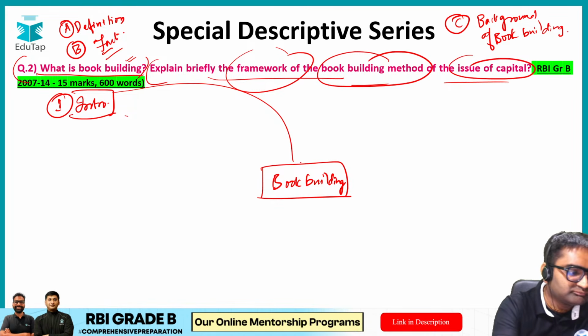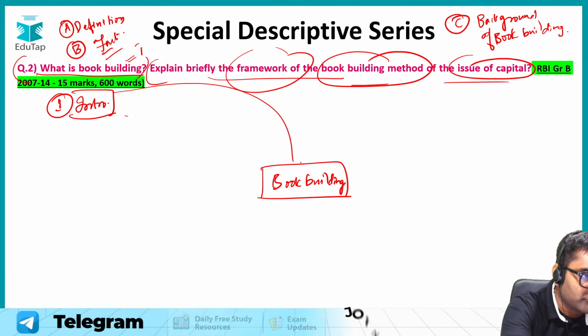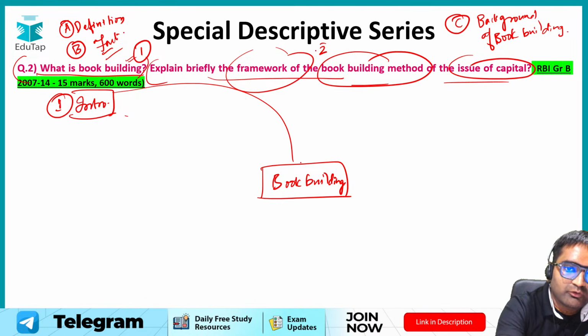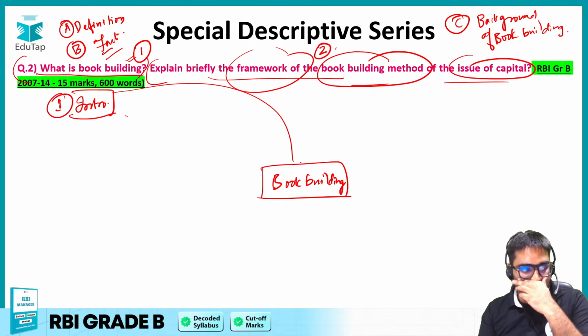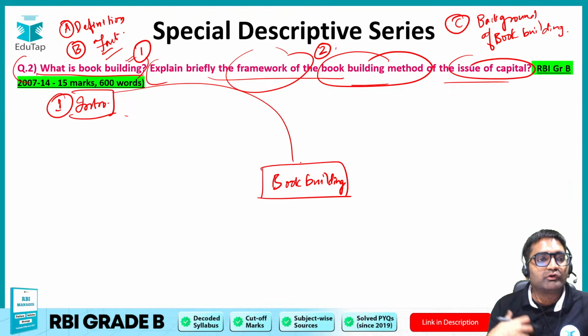So if we see over here, what is book building? This is one question, and then the framework or the steps with respect to the book building process is something that is to be mentioned. So what is book building?